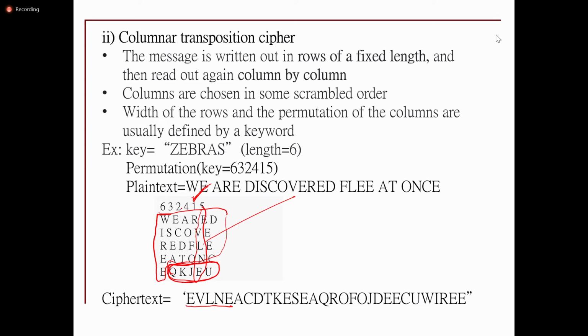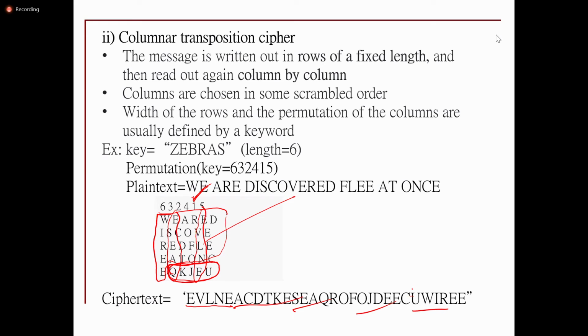And then we need to take the second column, E, S, E, A, Q, like this. Then the third column, fourth column, fifth column, like that. So this is the procedure of the columnar transposition technique.